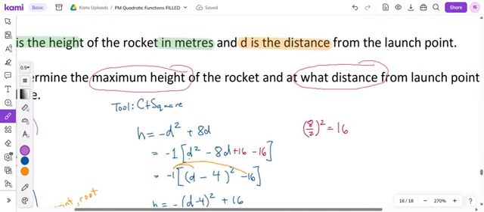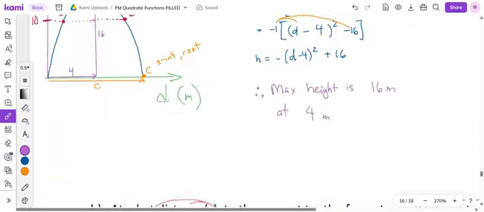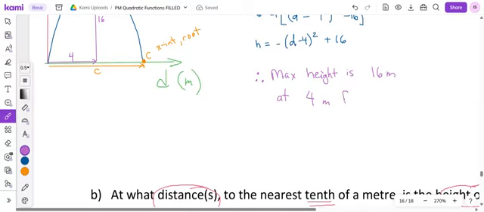At what distance from the launch place? At 4 meters from launch place. So when you give me a final answer like this, you're telling me I completely understand the context. If you just say 16 and 4 meters, I don't know which one's which. Okay?